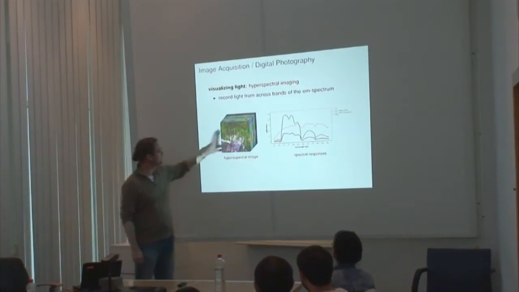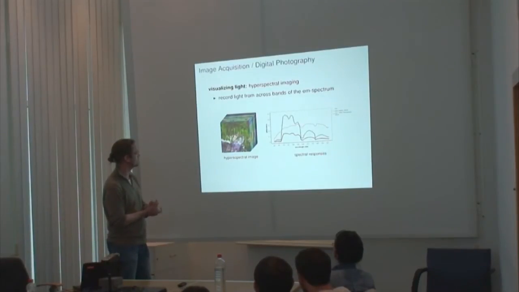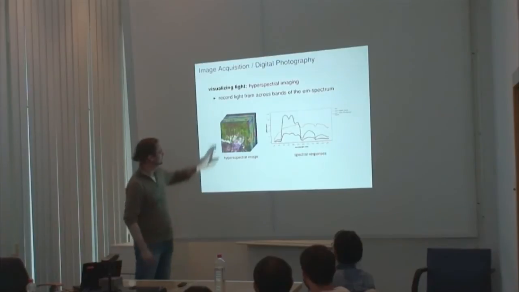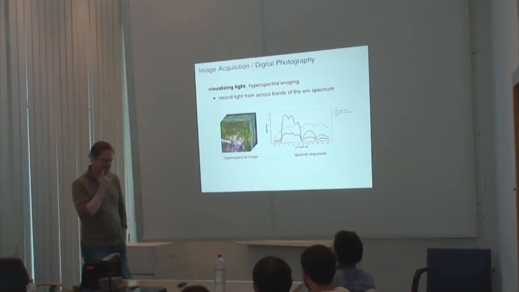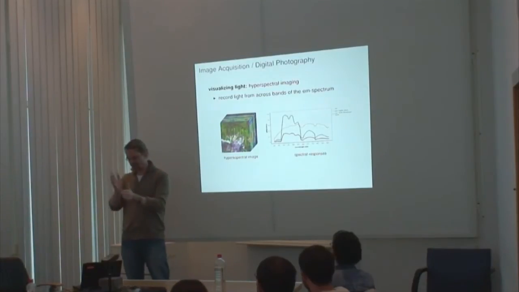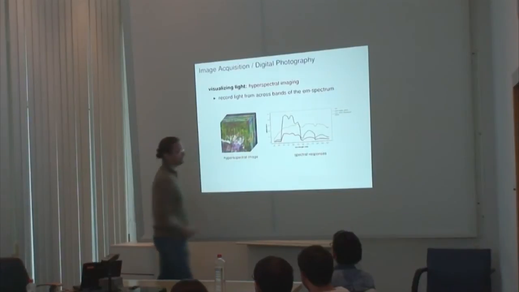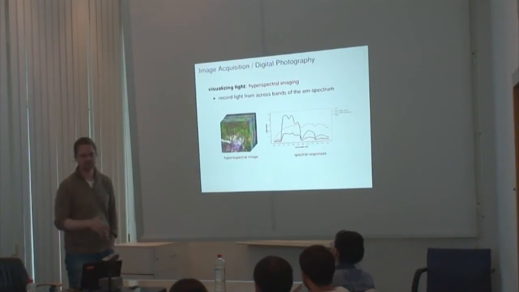This is a satellite image of, I don't know which region of the world, that has been recorded using hyperspectral signals. So here at the top of the stack, we basically see a usual photographic image. But this image is actually a stack of many images. And each of these images has recorded a different aspect of light.